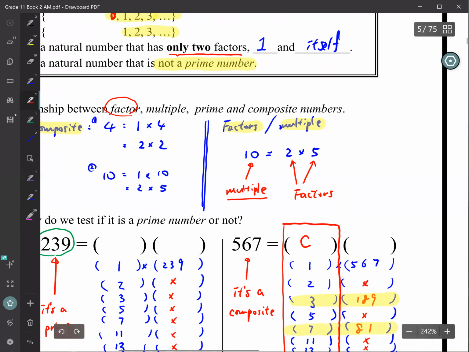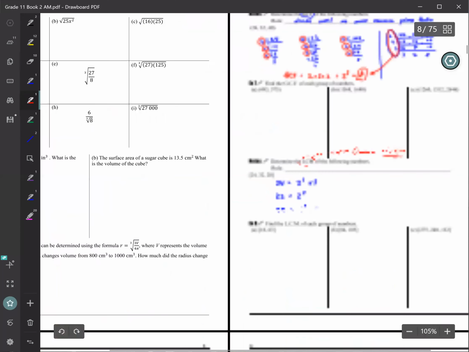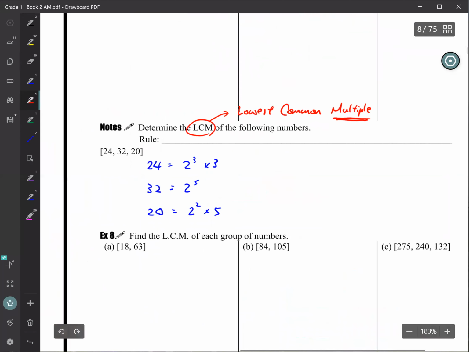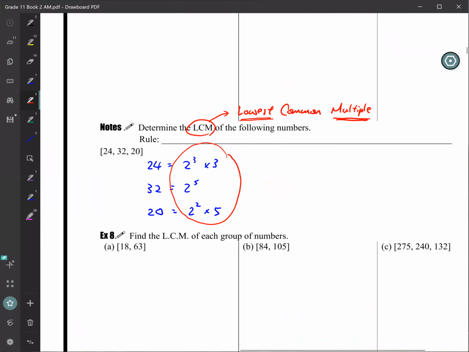A multiple includes the factors, and factors are the things that make up the multiple. So multiples usually could be bigger or the same. We are looking for multiples that include all these factors, but we want the lowest possible one that includes all of them.